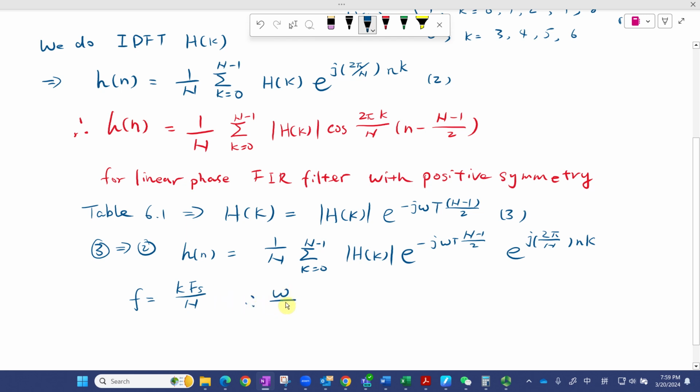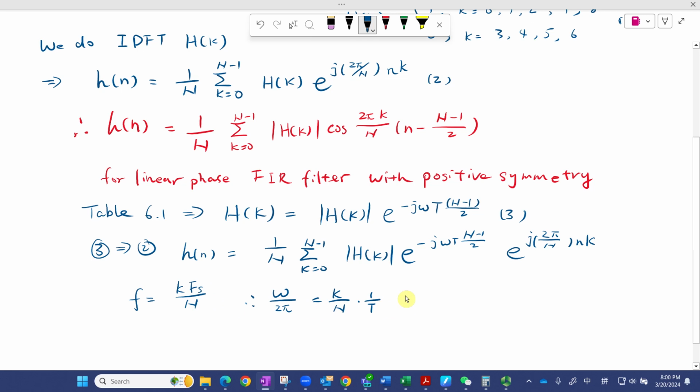Omega equals 2 pi f, so omega over 2 pi is just f, which equals k over N multiplied by 1 over T. So 1 over T is just fs.